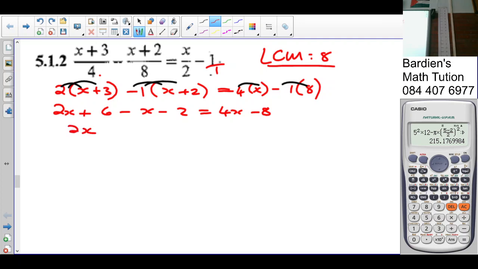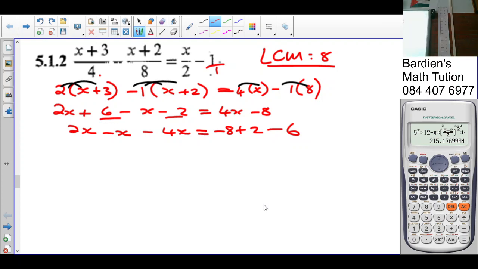So it's going to be 2x minus x minus 4x. Do you agree with that? Equals negative 8 plus 2 minus 6. Remember, when you take a number over the equal sign, negative becomes positive or positive becomes negative.